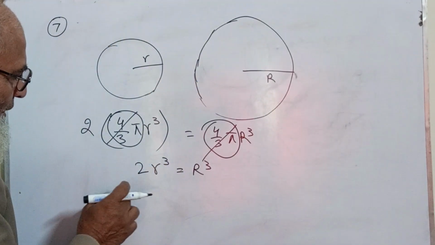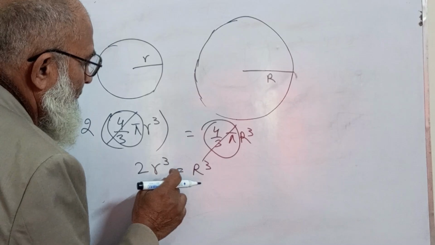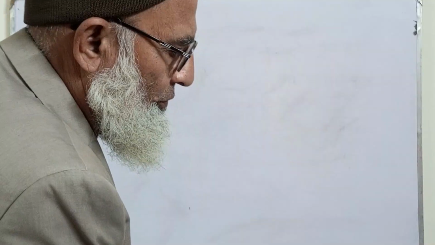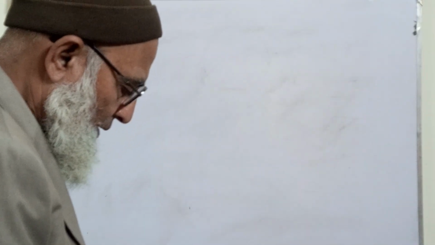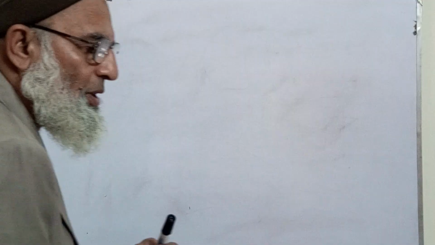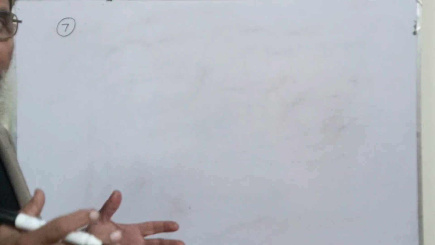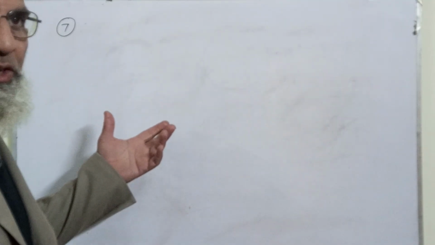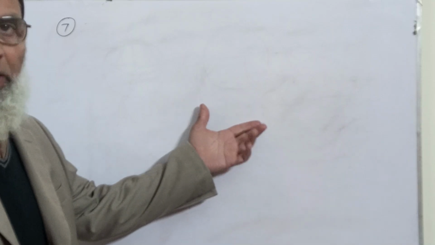Well dear students, my last question was not completed and my camera was shut off due to low battery. So let me complete the same question. Question number 7: a smaller sphere and a larger sphere were given.